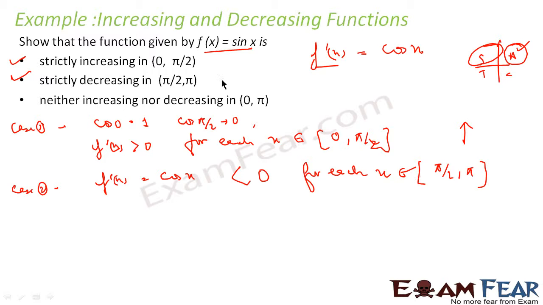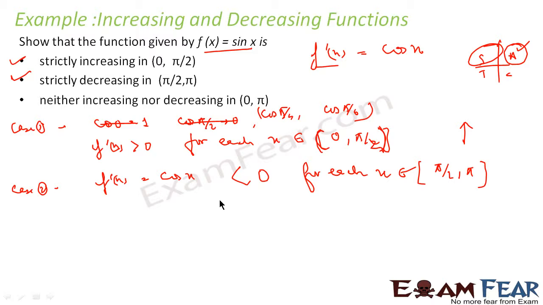The interval is open, we are not including pi by 2 and pi, please note that. So here also we are not including 0 and pi by 2 because those values we are not including, correct? We should take something like cos pi by 4 is positive, cos pi by 6 is positive, all these values are positive.